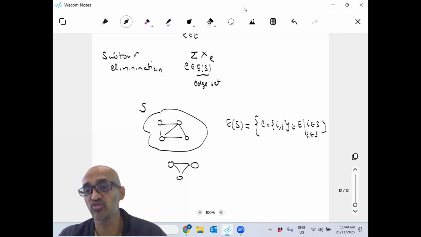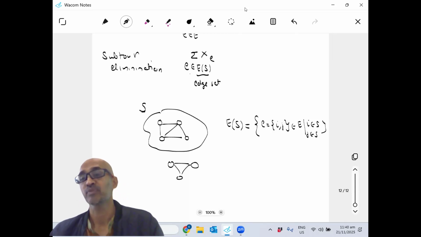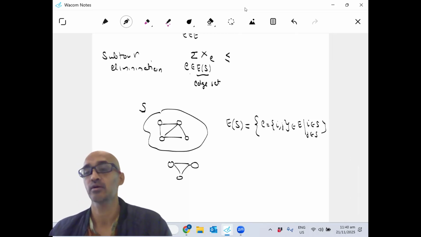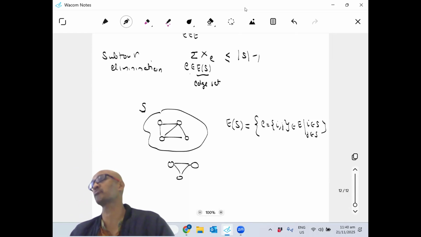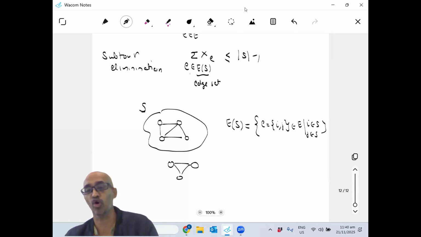Okay. So what is this telling me? The total number of, I look at X plus this X plus this X plus this X plus this X. It cannot exceed S minus 1, the size of the set S minus 1. Why? Because within a subset of nodes, let's say I've got 4 nodes, if you choose 4 arcs, you're dead.